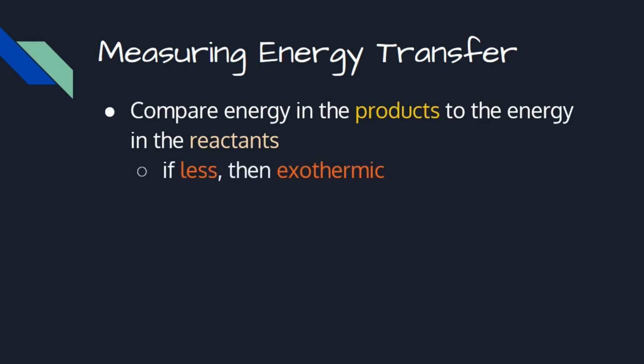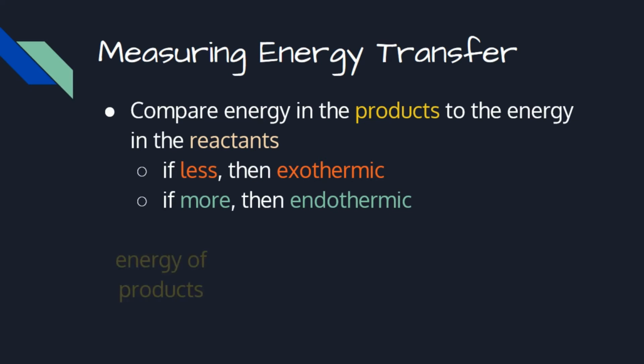If they have less energy, then that reaction is exothermic, because some of that energy must have been released into the environment. If the products have more energy, then we classify it as an endothermic reaction, because they must have absorbed that energy from the environment.